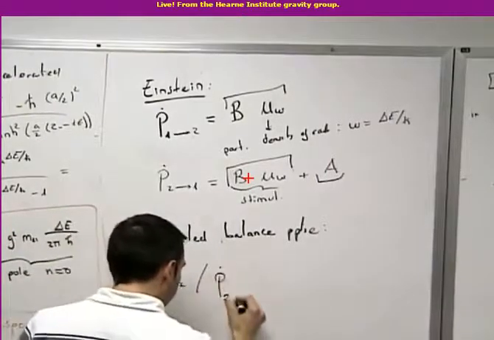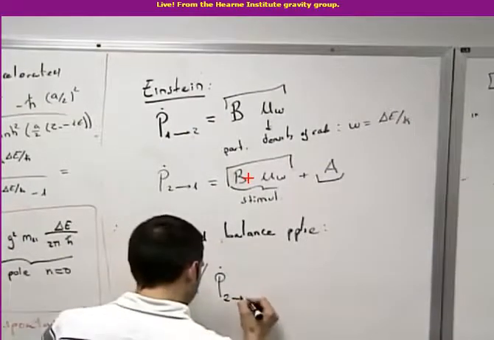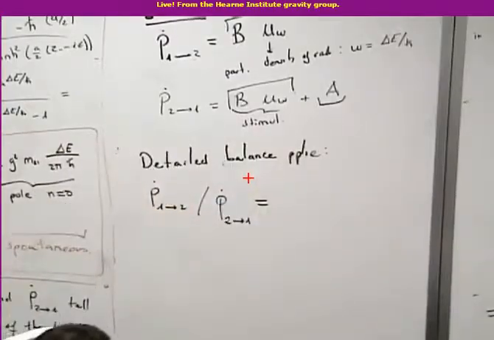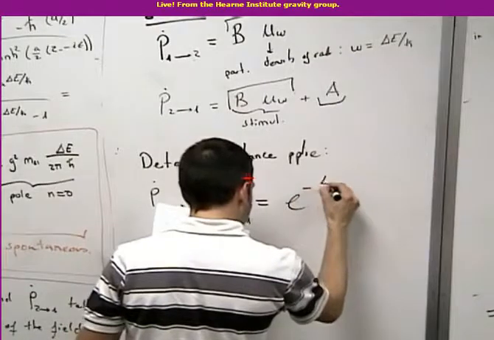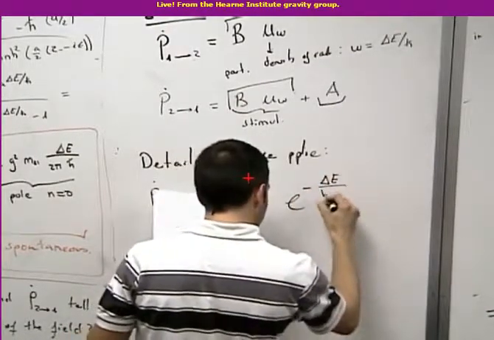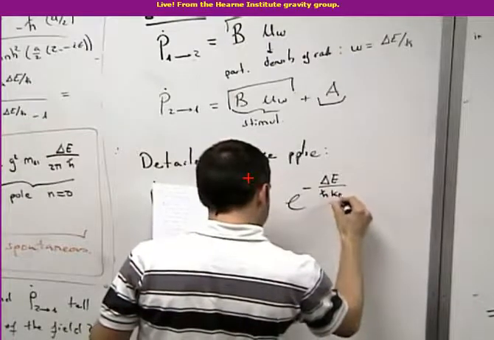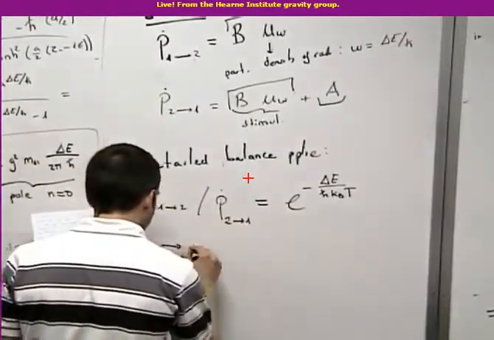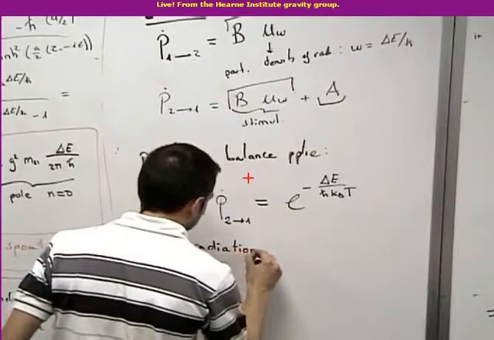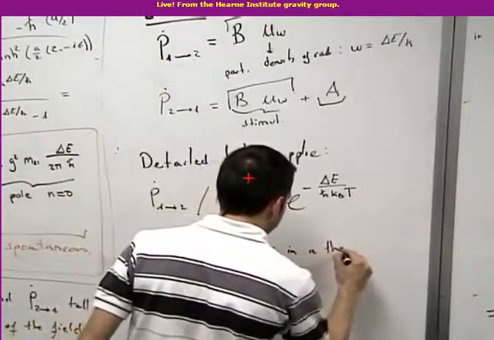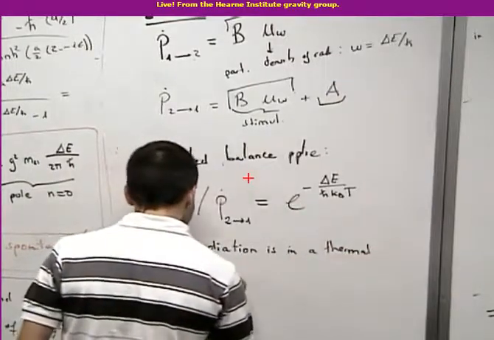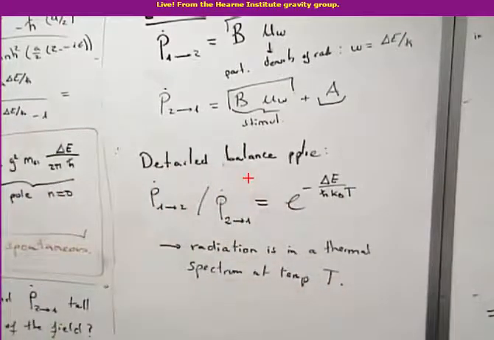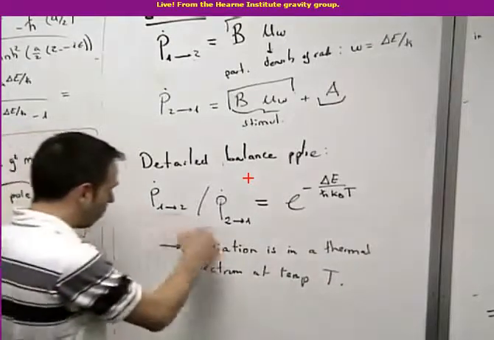Just using thermal equilibrium and the Boltzmann law of distribution, he was able to derive that if this is equal to e to the minus h bar omega over kB T, where T is a number, then radiation is in a thermal spectrum at temperature T. So looking just at your detector, you can infer that the environment is thermal. Just looking at the ratio of probabilities.